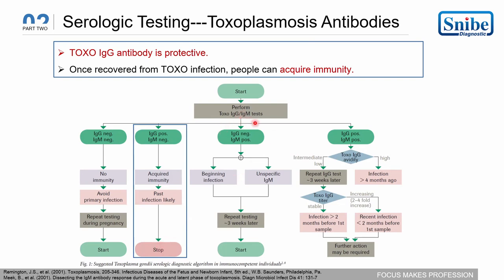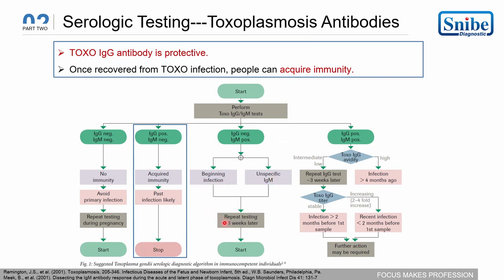If they have IgG negative and IgM positive, and in the second case IgG and IgM both positive, these are the two typical cases in which they have to take some action. If IgG is negative and IgM is positive, it's an unclear indication of the beginning of the infection, or maybe unspecific IgM is there. So you have to repeat testing 3 weeks later.